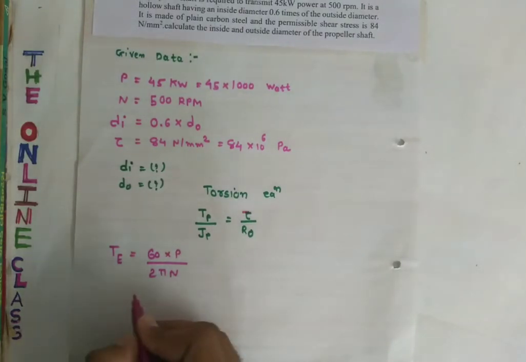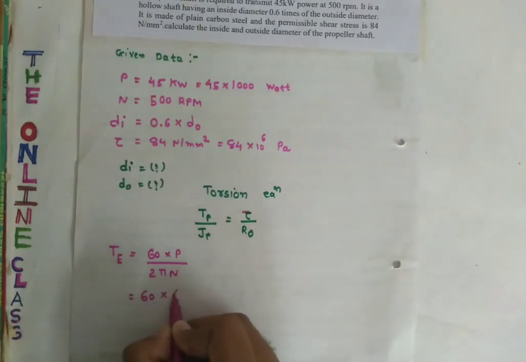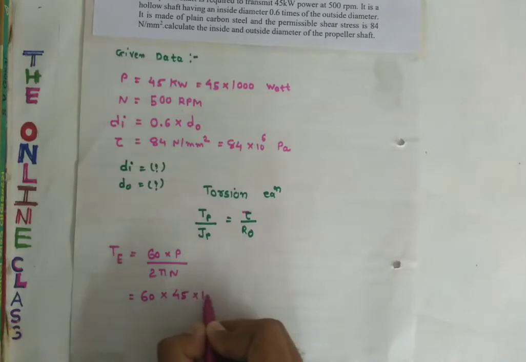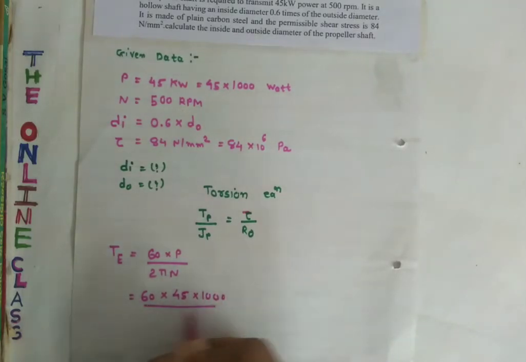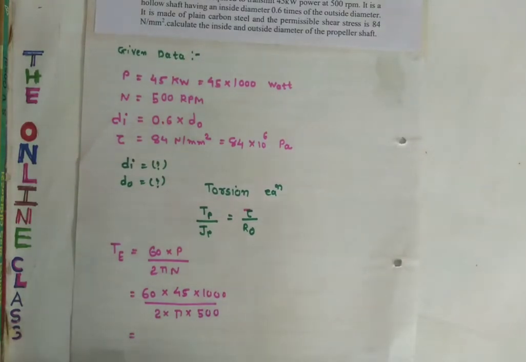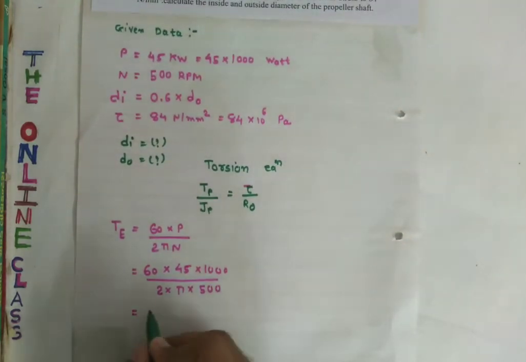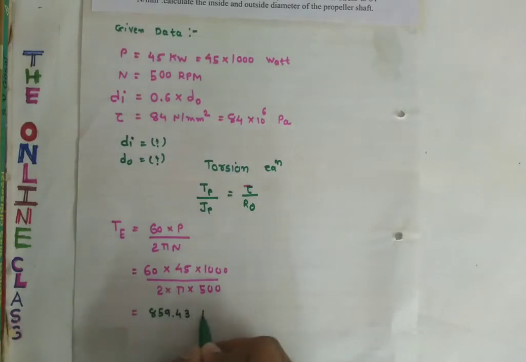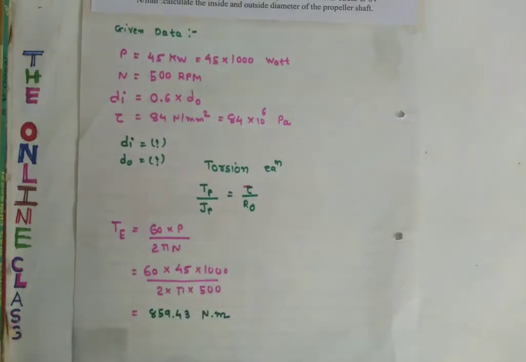Put the value of P is 45 into 1000 divided by 2 into pi into 500. Then we have TE value 859.43 Newton into meter.